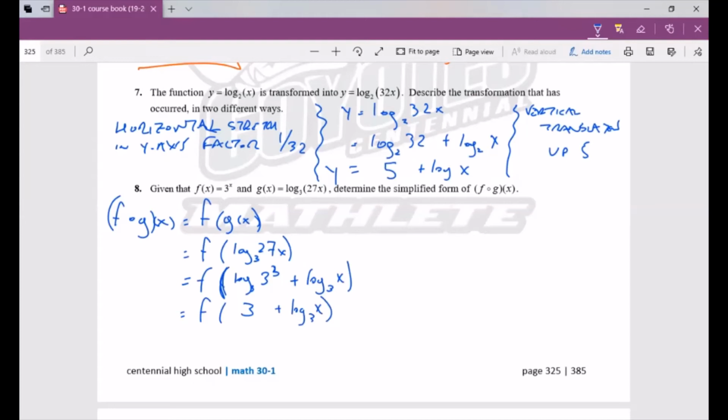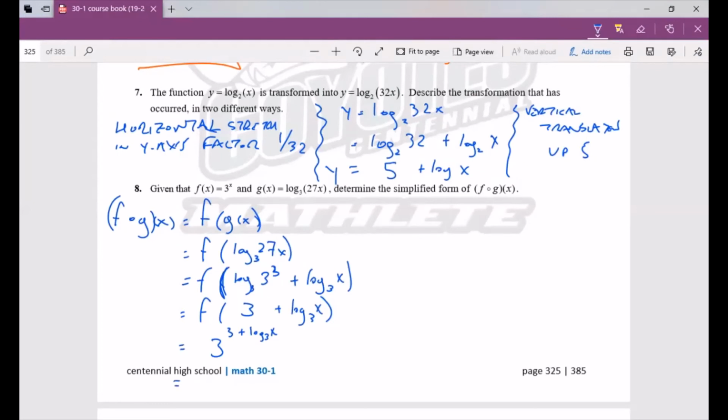Now let's take that input for your function f. And your function f says 3 to the x. So 3 to the 3 plus log x base 3.